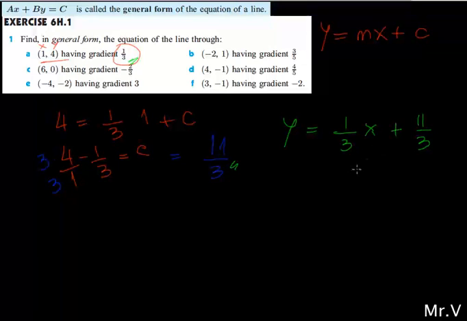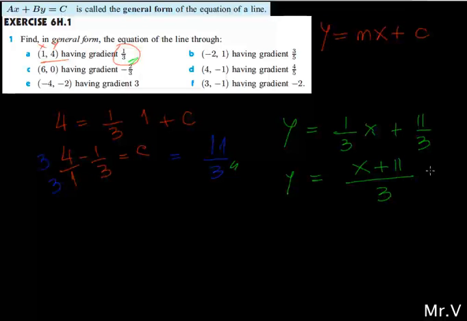There are two ways we can do it. The first one is, if you see, both sides have the same denominator in common. So the mathematical process will be x plus 11/3. Now I will have to times by 3 to get rid of this denominator. Remember, if you times by 3 one side, you have to times the other side.